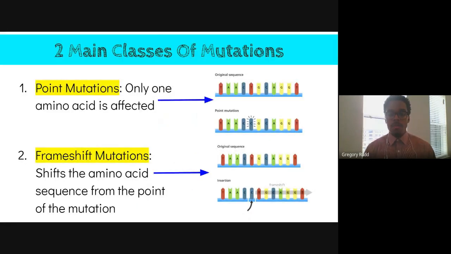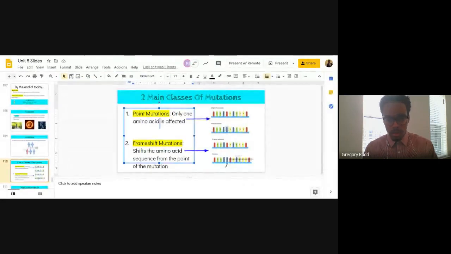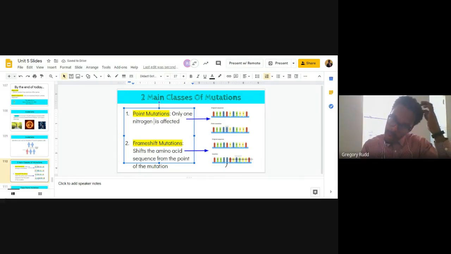Okay. So there are really two main classes of mutations. The first type is called a point mutation. And so when we think about the sequence of DNA, sorry if you already wrote that down, but I don't want to say amino acid.